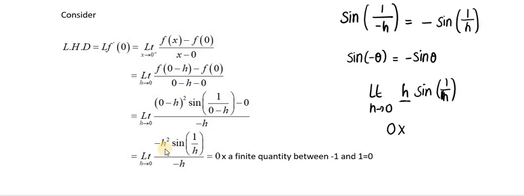But we know limit h tends to 0 sine 1 by h is a finite quantity between minus 1 and 1, because the sine range is between minus 1 and 1. 0 into a finite quantity between minus 1 and 1 means 0 itself. That's why the LHD value is 0.